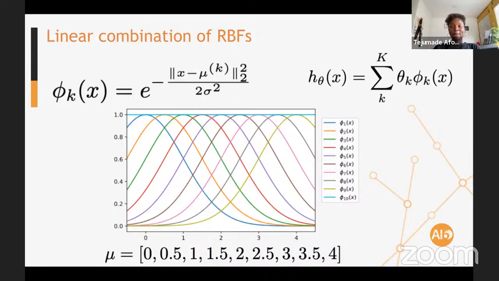What is nice is that you can also combine these RBF functions as a linear term. So you come back to your old idea of a linear equation, which is mx plus b, wx plus c, or things like that.